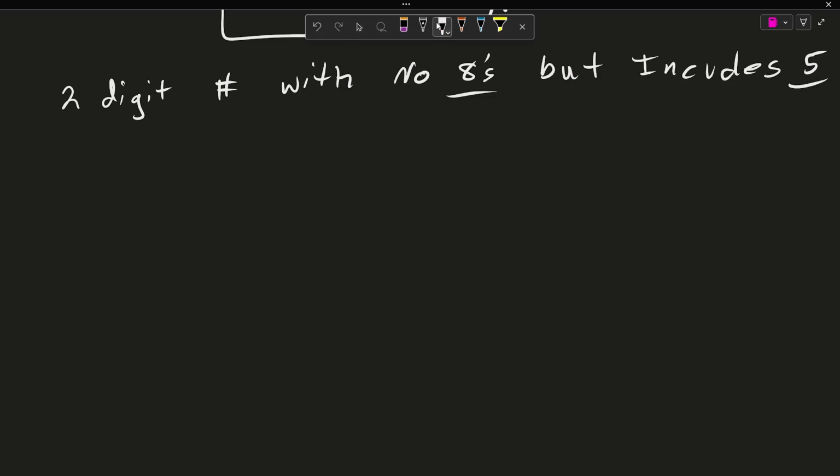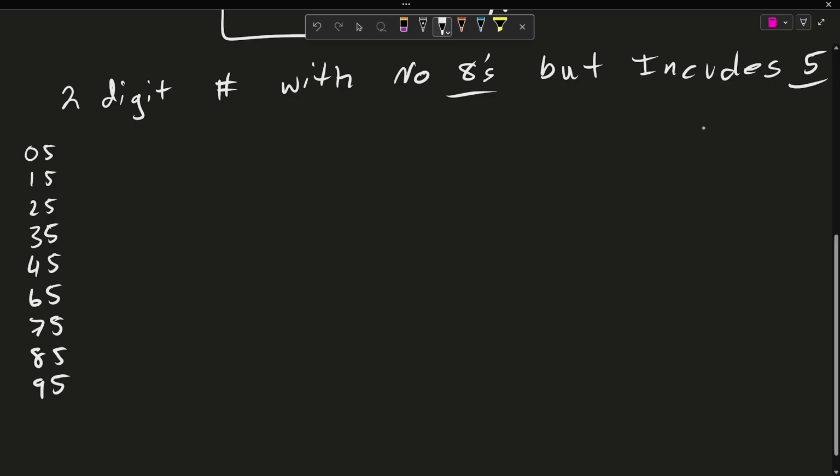I can easily list out all the possible numbers that have no 8's but include a 5. Well, let me write some of them over here. 05, 15, 25, 35, 45, 65, 75, 85, and 95. All of these have 5's, but the problem is this is not a 2-digit number, 05, and this one's no good because it has an 8 in it.